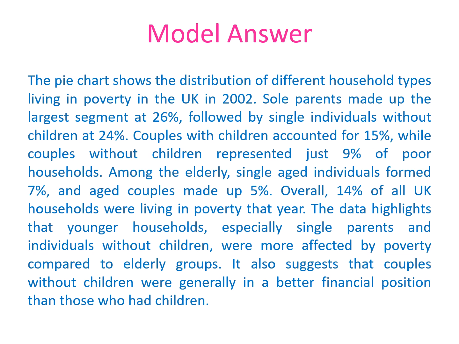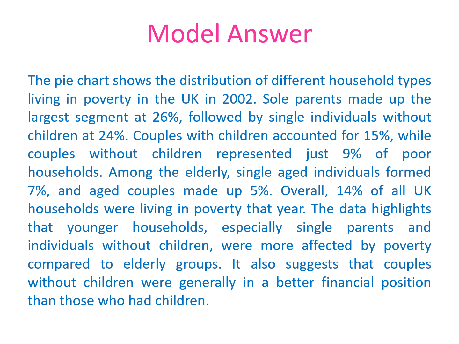Couples with children accounted for 15%, while couples without children represented just 9% of poor households. Among the elderly, single-aged individuals formed 7%, and aged couples made up 5%. Overall, 14% of all UK households were living in poverty that year.